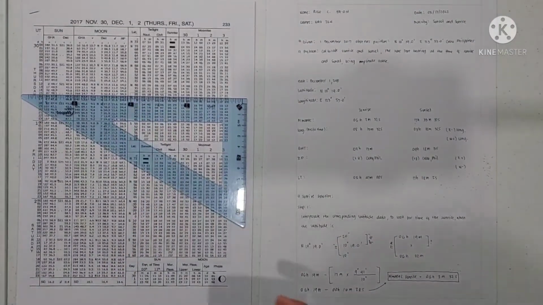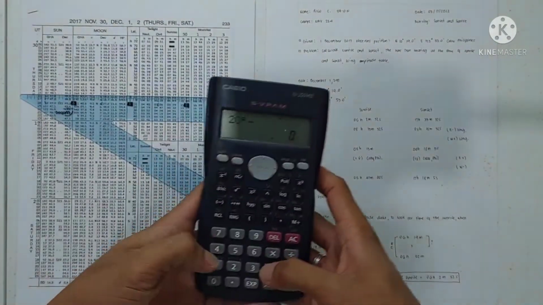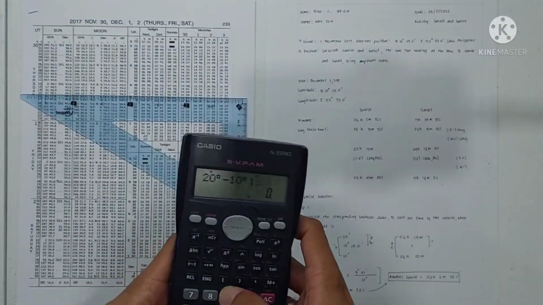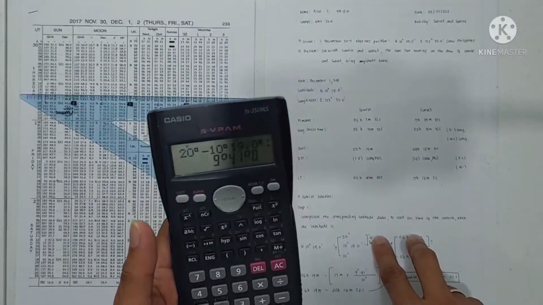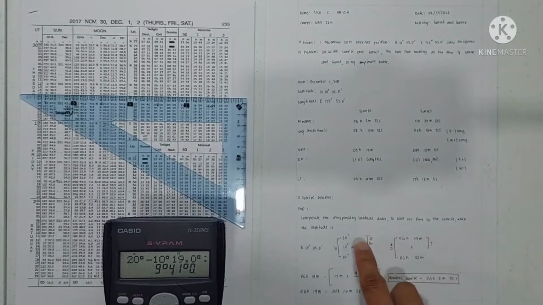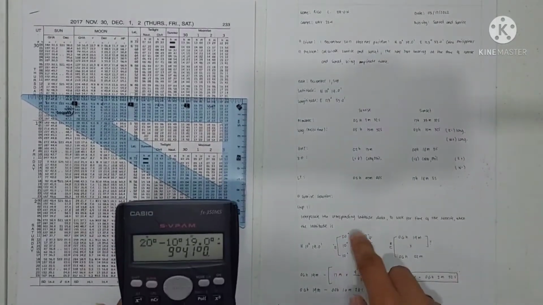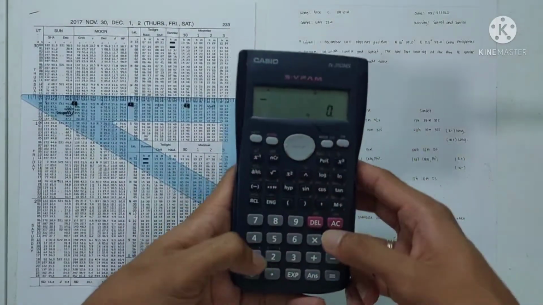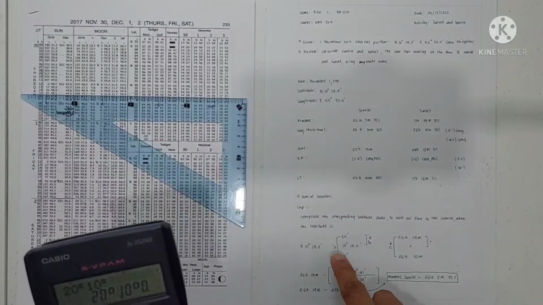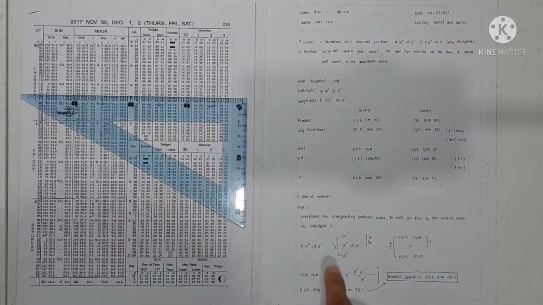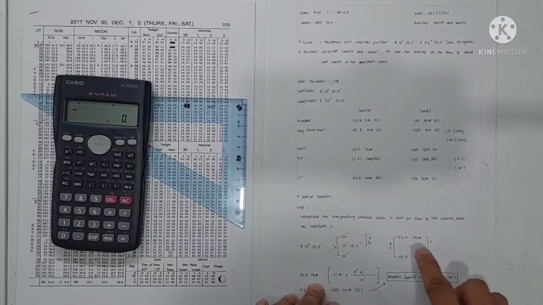So get our calculator. 20 degrees subtracted by 10 degrees 19.0 minutes. So we have here the value of 9 degrees and 41 minutes. The next step is to subtract these two values, 20 degrees minus 10 degrees, which results to 10 degrees.